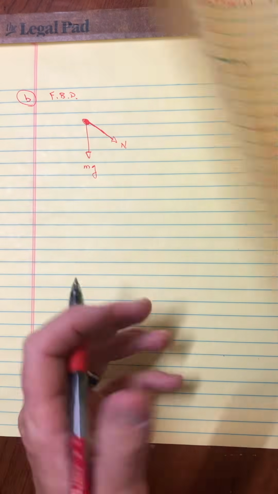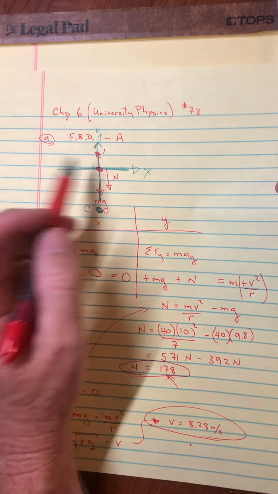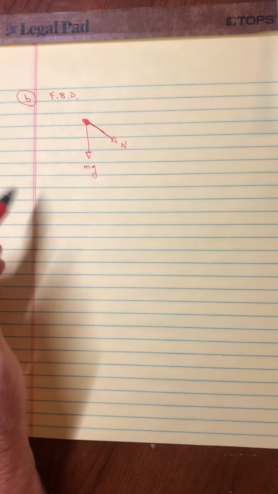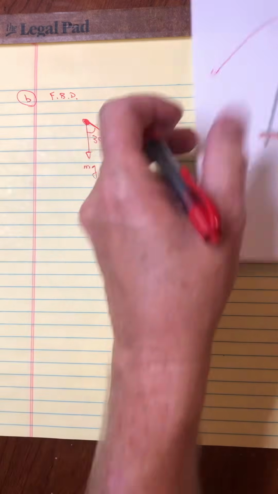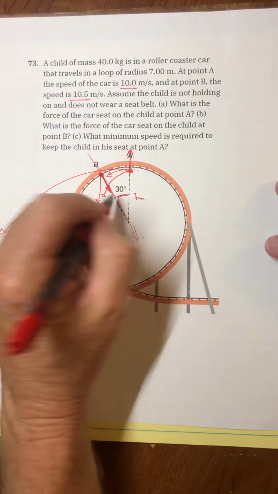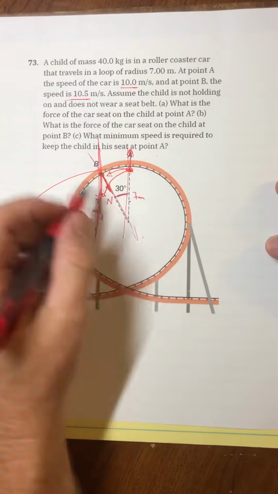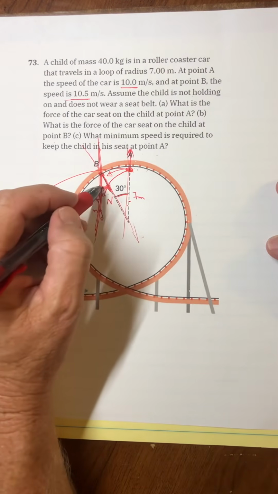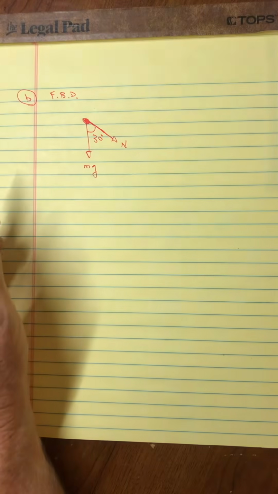And that's the main difference between how I would analyze this problem in part A, because there the normal force is straight down, and then in part B I've got it angled at 30 degrees. Maybe I should point out that it's 30 degrees up here, but if you draw this vertical line, these are two parallel lines and this is a transversal, alternate interior angles are equal, so I'm labeling that one here in my diagram as 30 degrees.